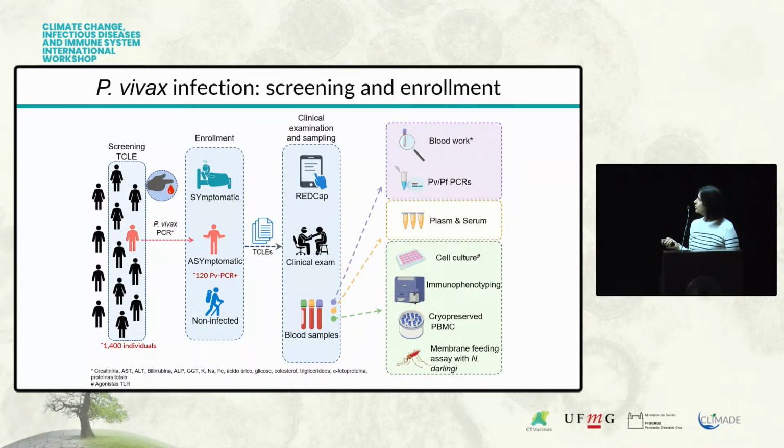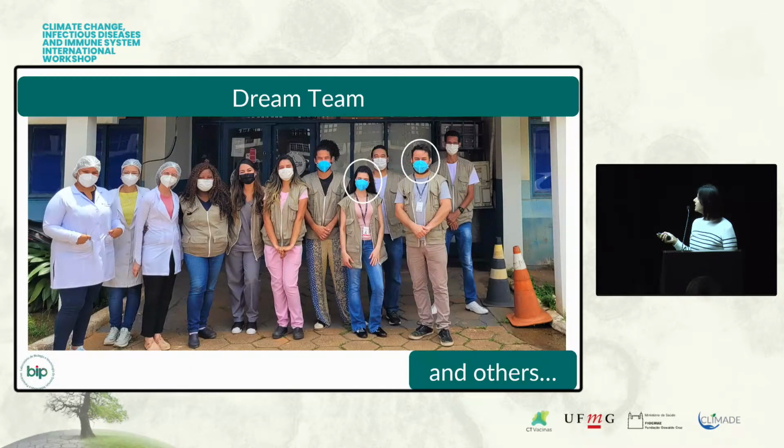The ones that were positive for vivax infection, we invited to participate in this study, and we invited them to go to Porto Velho, where they were seen by a clinician. They answered a lot of questions, and we took some blood from them. At the same time, in Porto Velho, we were recruiting the symptomatic patients and also the non-infected ones. And with the samples, we did a lot of things, and we're still doing a lot of things with the samples.